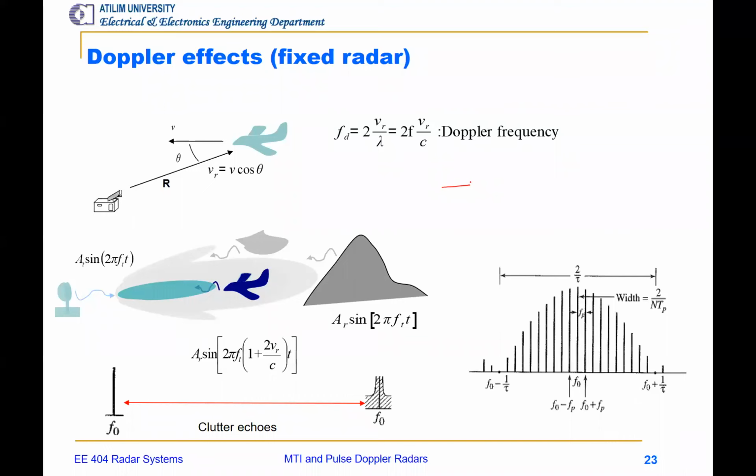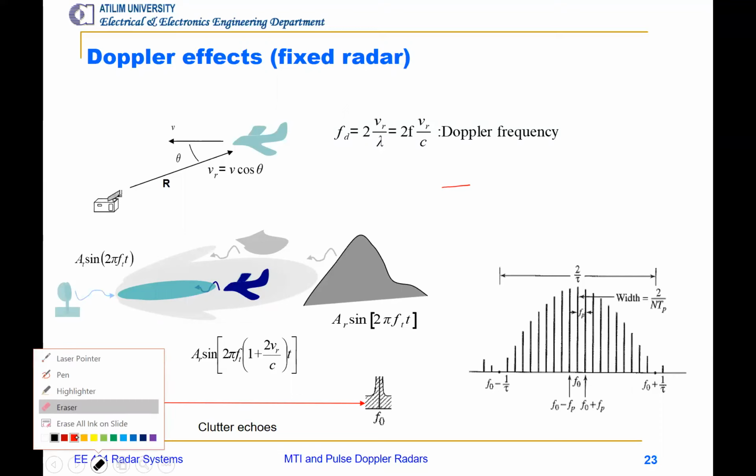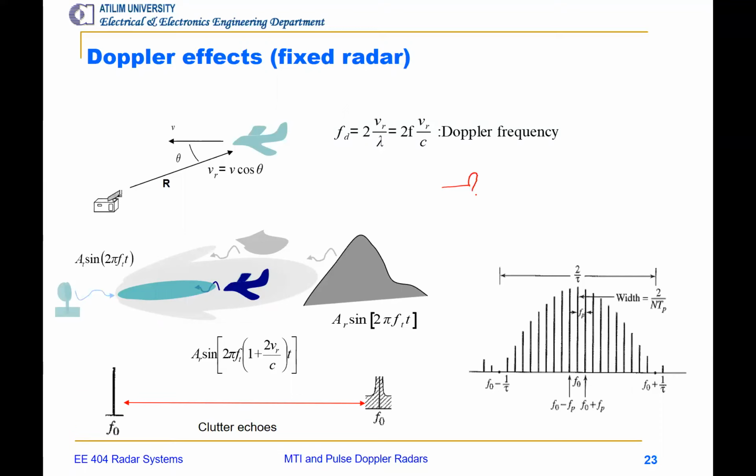Okay, let's remember radar waveform again. What we transmit, let's see first the waveform. We got a sinusoid, right? Gated.